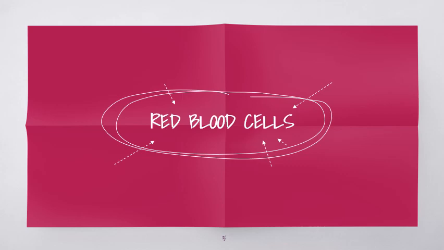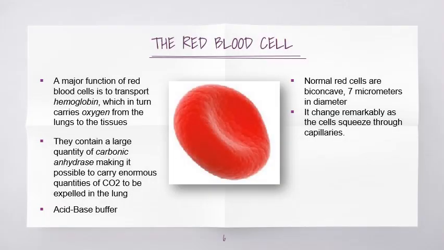So we go now first to the red blood cells. The red blood cells are biconcave discs about 7 micrometers in diameter and about 2 to 3 micrometers thick.